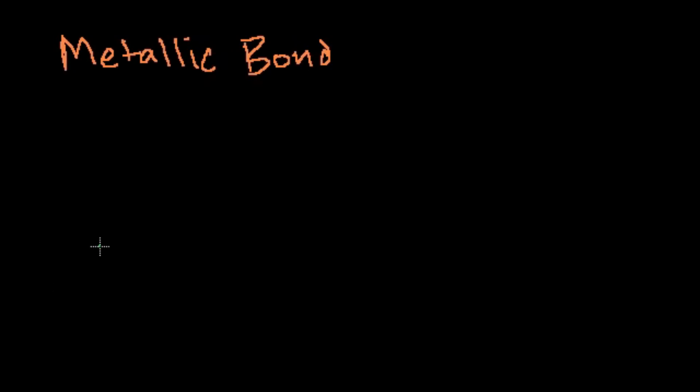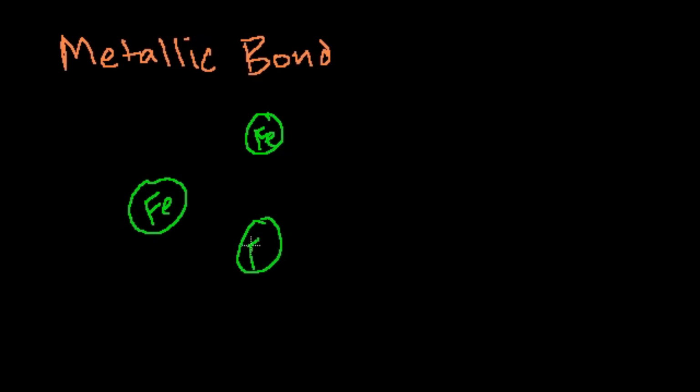With metals, you can't really draw the electron structure, but let's say we have iron, and you have just a bunch of neutral iron atoms sitting around. We established the one commonality of metals, what makes something have metallic characteristics, is that they have a bunch of electrons in their outer orbital that they're very happy to share.